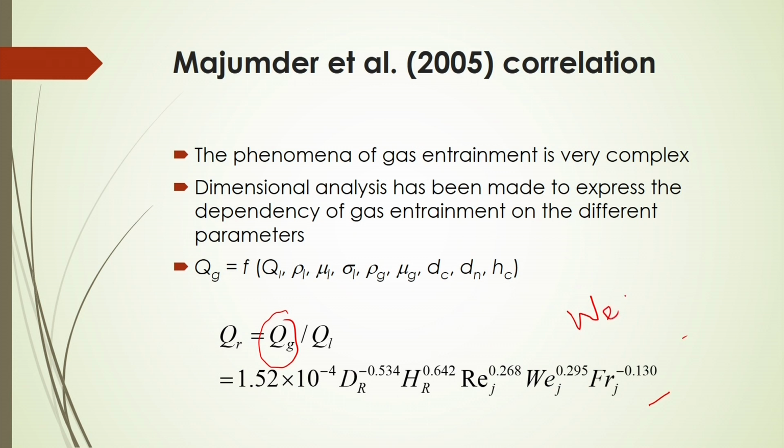So the Weber number of the jet is rho u square dj by sigma. If you have a narrower liquid jet, you can get finer bubbles and more entrainment. Even if you use a multi nozzle jet, you can get more entrainment of the gas. So that is why it is very important. Surface tension effect is also important.